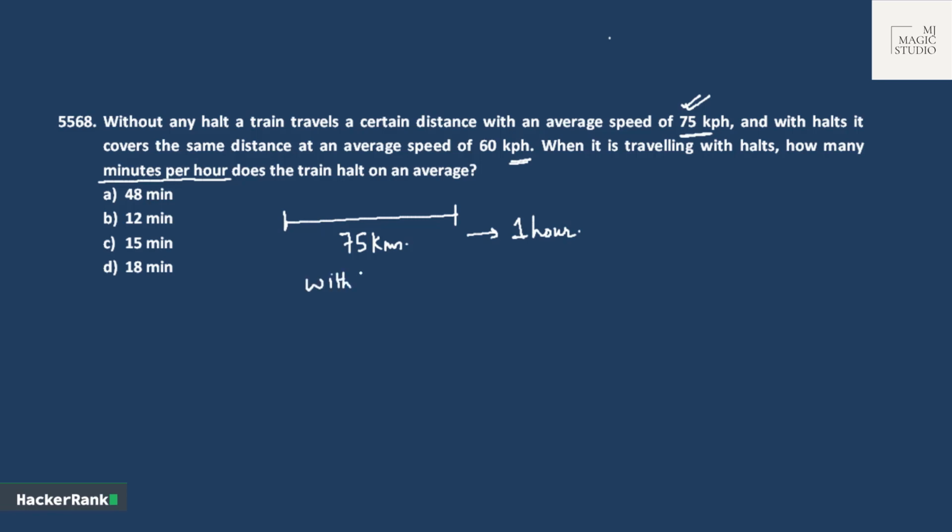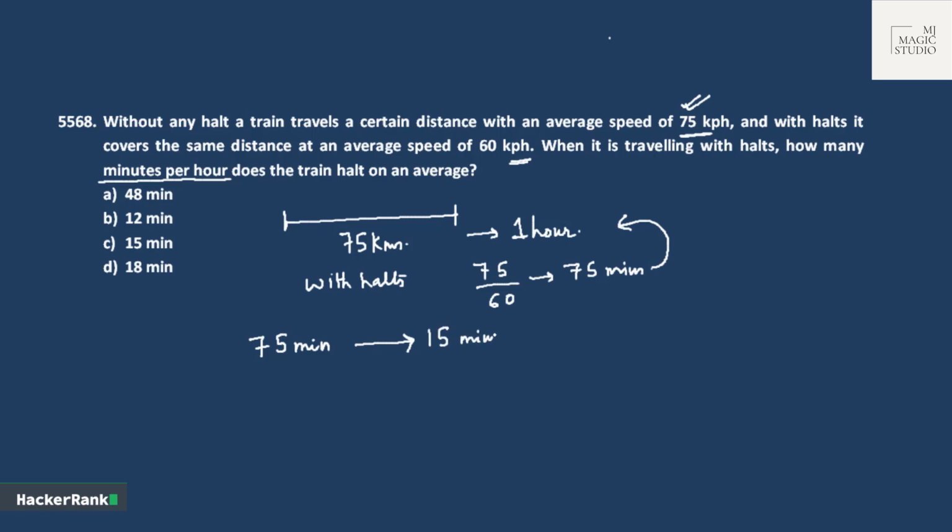Now with halt, time taken by the train to cover 75 kilometer would be 75 by 60. Clear? That is 75 minutes. So in 75 minutes journey, halt taken by the train is 75 minus 60.